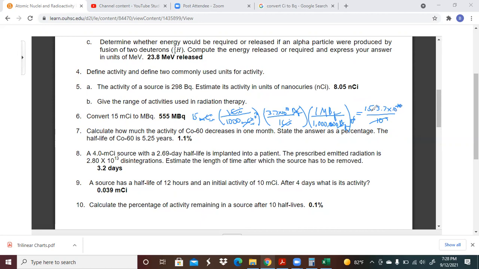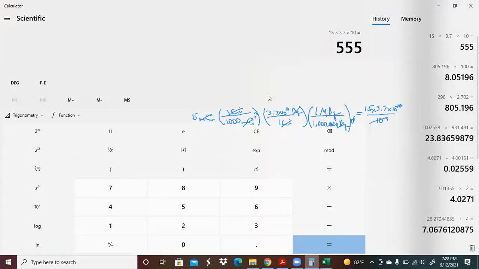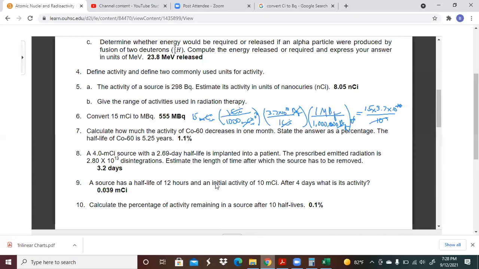So I should end up with 15 multiplied by 3.7, then multiplied by 10. Come up with 555 megabecquerel.